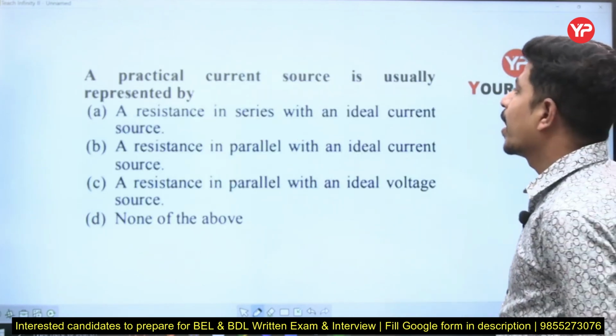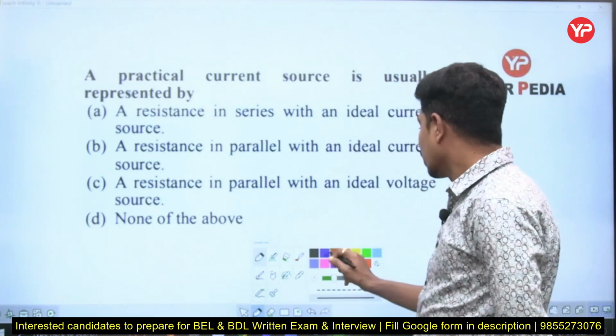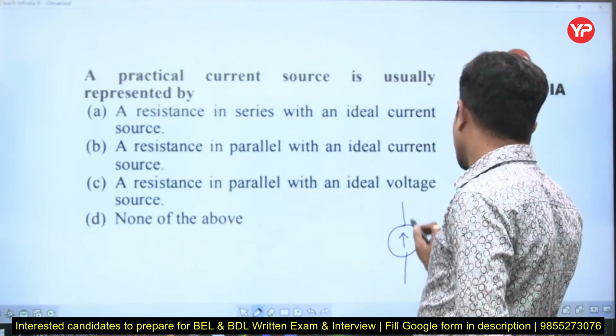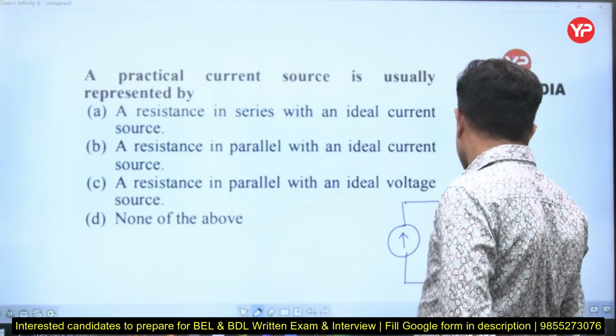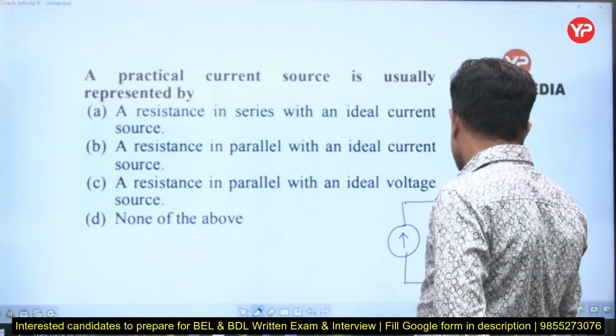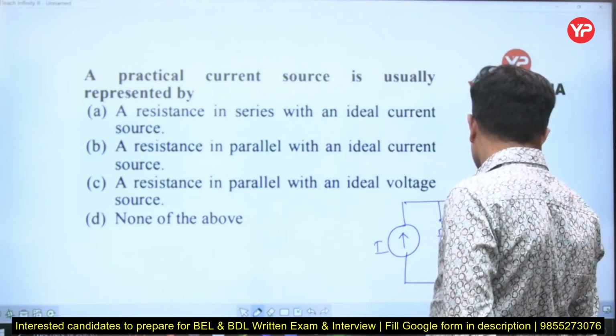Next, a practical current source is usually represented by, what is the ideal current source? Ideal current source is having some current in parallel with infinite resistance. The internal resistance of an ideal current source is infinite and this current is some finite value.